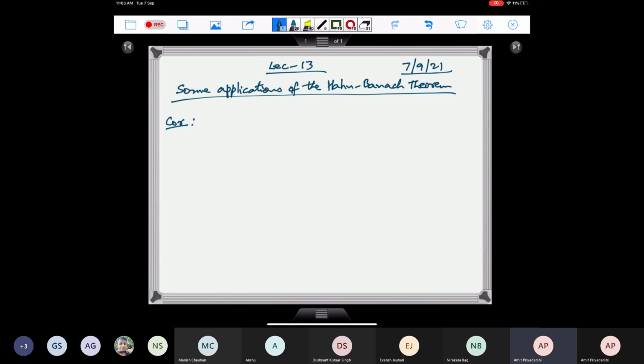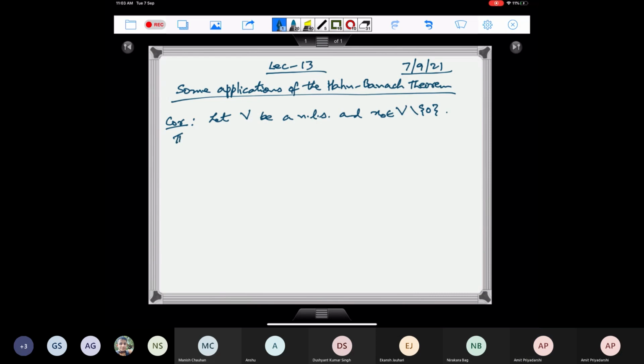One corollary of the Hahn-Banach theorem is: suppose V is any normed linear space and x naught is a non-zero vector, so x naught is in V minus 0.